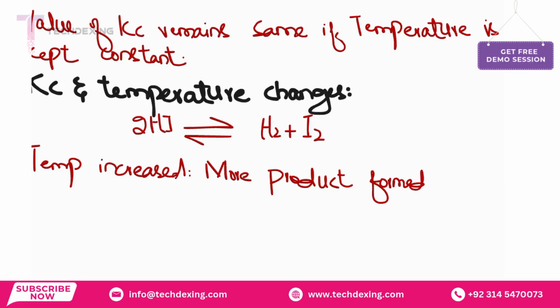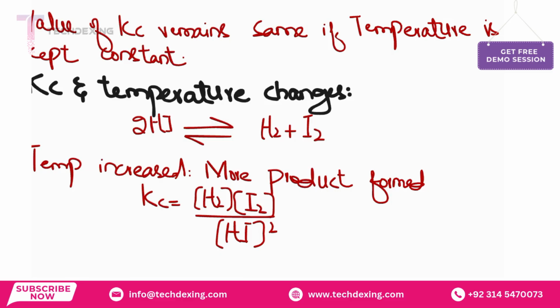And if we write down the Kc for this reaction, Kc is equal to the concentration of H2 and concentration of I2, divided by the concentration of hydrogen iodide raised to power 2. Let me know, if the temperature is increased, what would be the effect on the value of Kc?